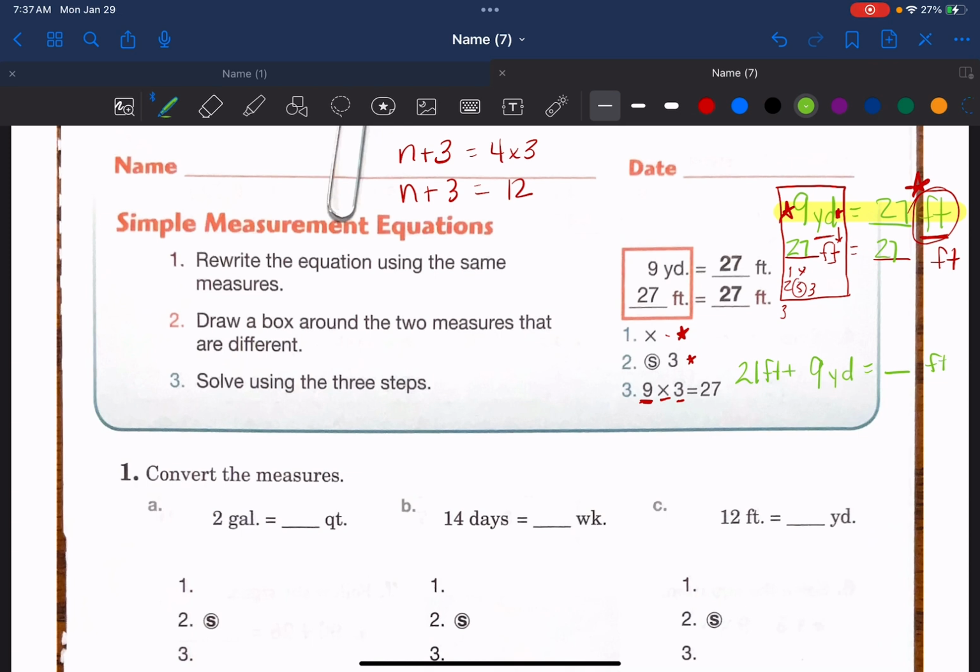Then you have to see which one doesn't match. Well, this one says feet, this one says feet, so this is the one that doesn't match. So then when you go to rewrite it, you would rewrite it as 21 feet plus blank feet equals blank feet. And then if you would notice, this entire row all says feet, feet, feet. That's why we do it.